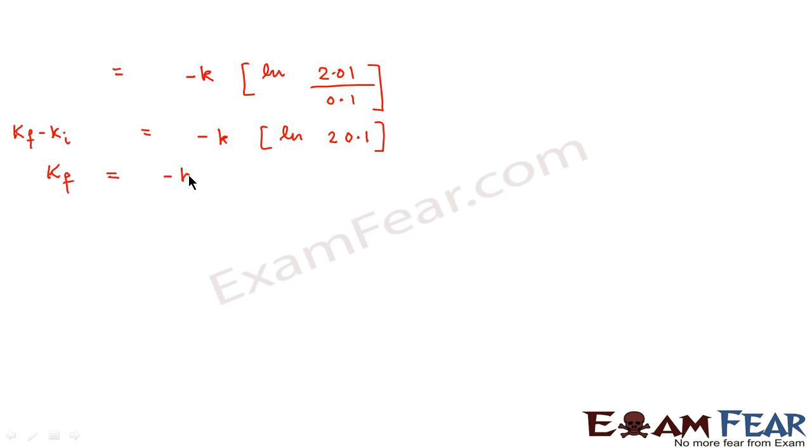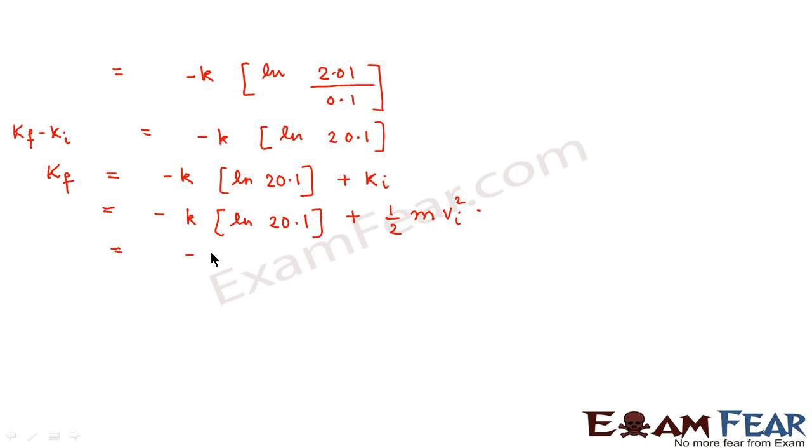So this will be equal to minus k ln 20.1 plus the initial kinetic energy, which is half m vi squared. Now the value of vi is already given. The value of k is also given, k is equal to 0.5.